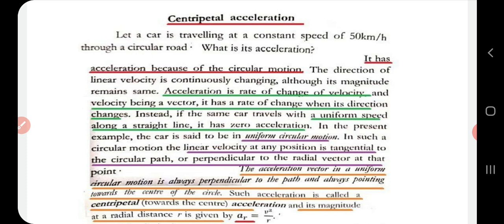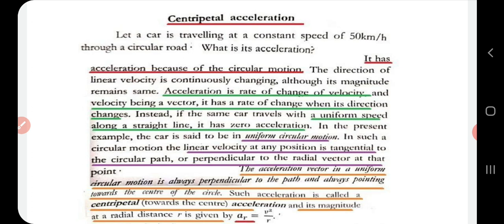So in uniform circular motion, the linear velocity at any position will be tangential, or perpendicular to the radial vector. Now from this we can define what is centripetal acceleration. Centripetal acceleration is nothing but acceleration associated with an object in uniform circular motion.